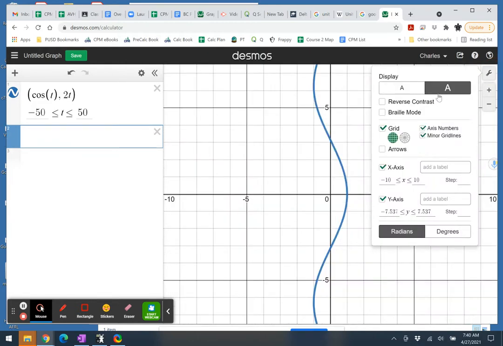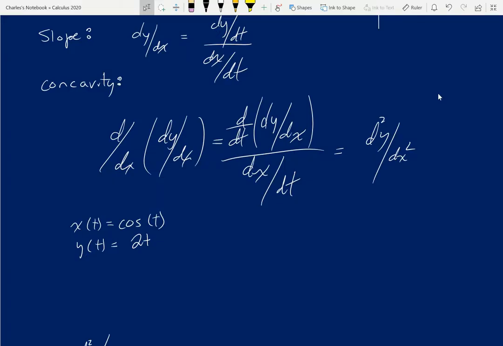That's cool. Let's say I want to know what the slope function is and what the concavity function is.